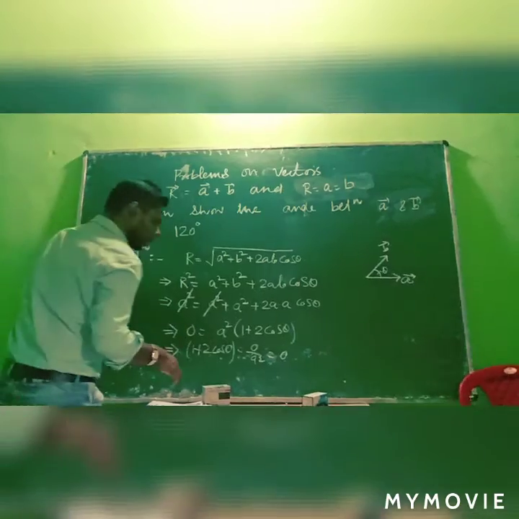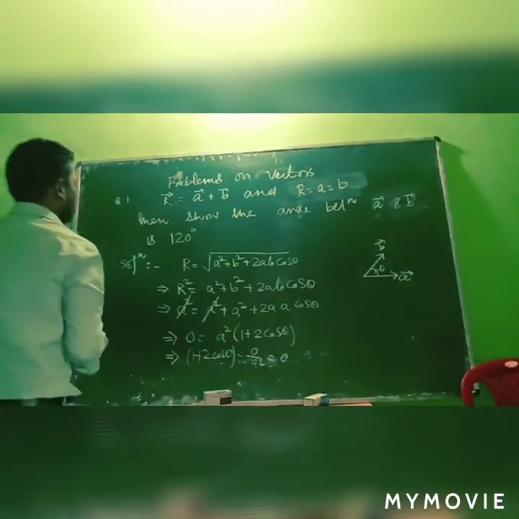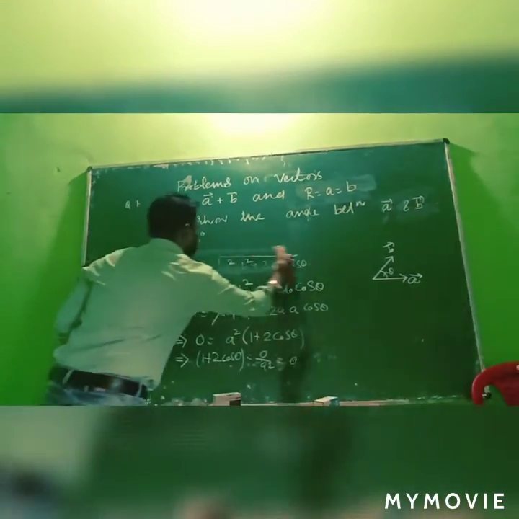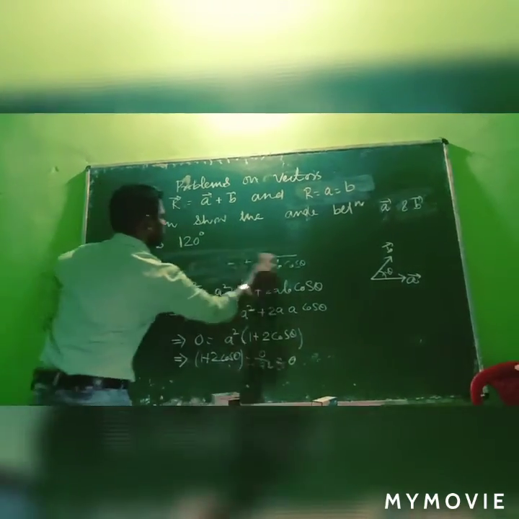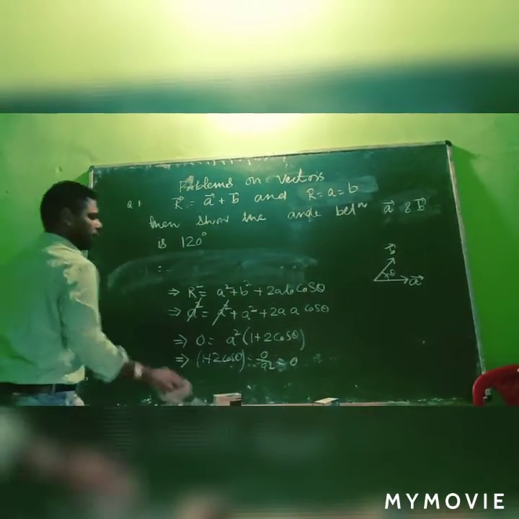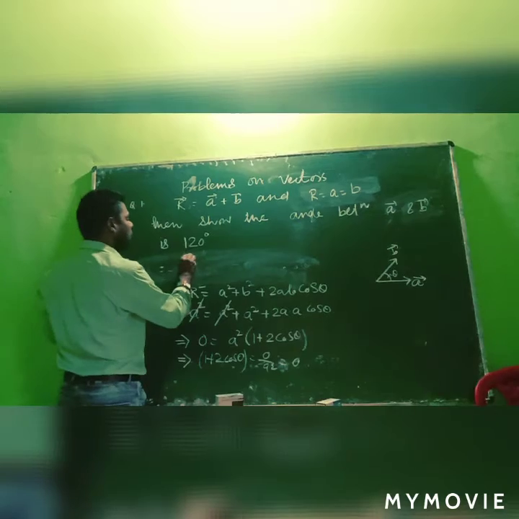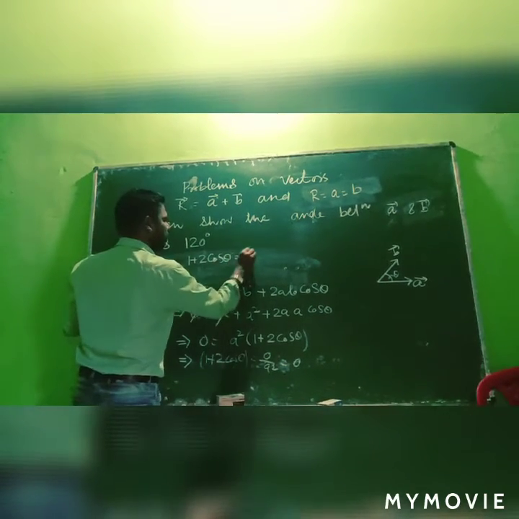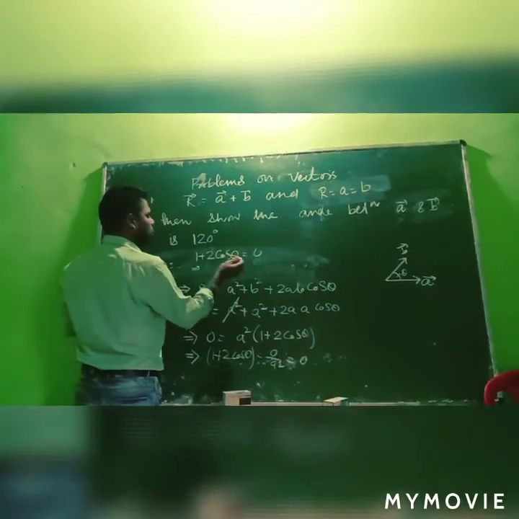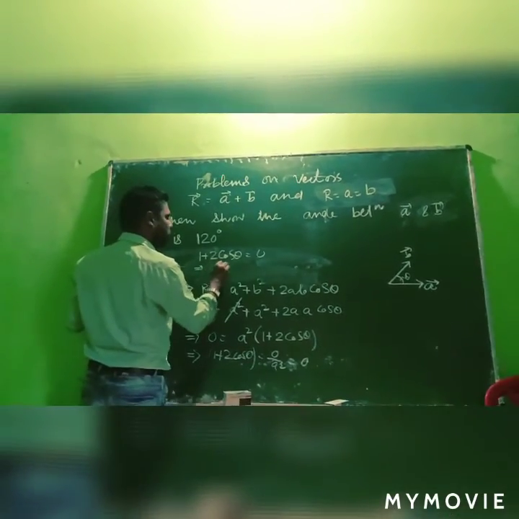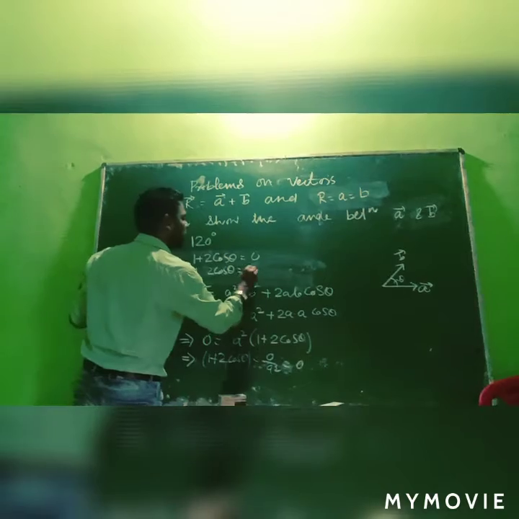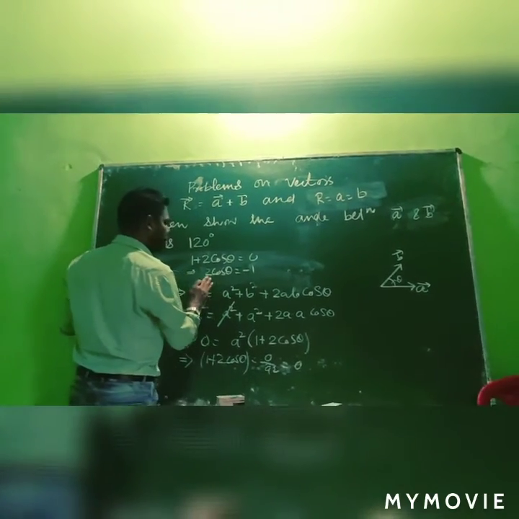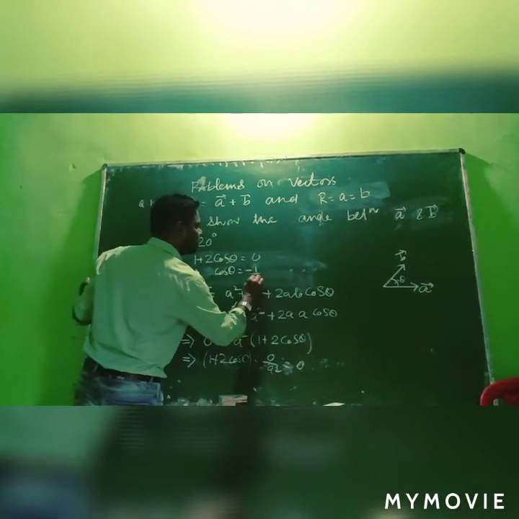So finally we will write on the top, you see 1 plus 2 cos theta equal to 0. So transferring 1 onto the right hand side, 2 cos theta equal to minus 1. If you divide by 2, you will get minus half.